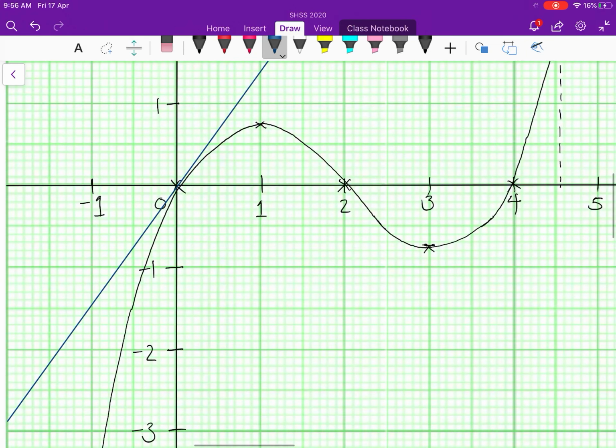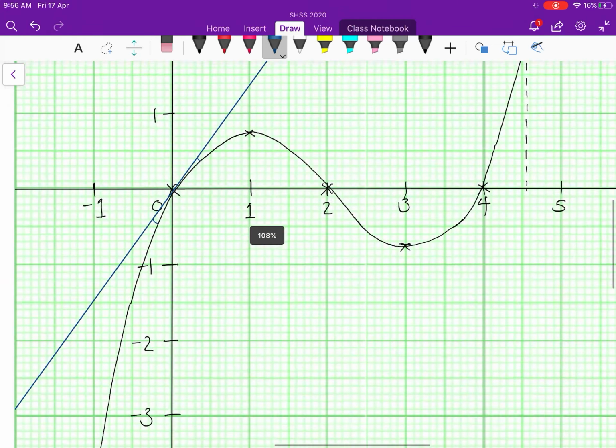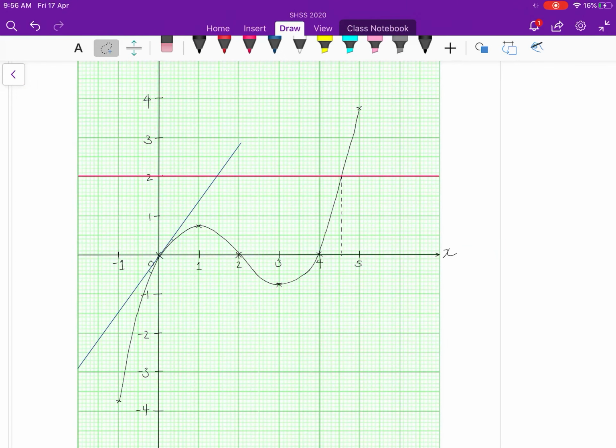It's not very accurate yet because my line is not touching 0, 0. In the exams, you need to ensure that your line touches 0, 0. If you realize the angle here on the right is slightly smaller than the angle on the left, so I need to adjust my line a little bit.